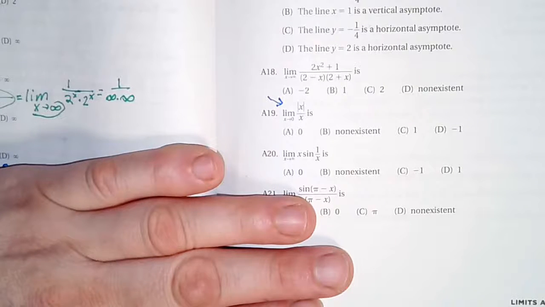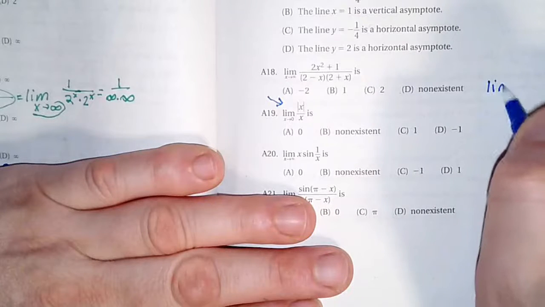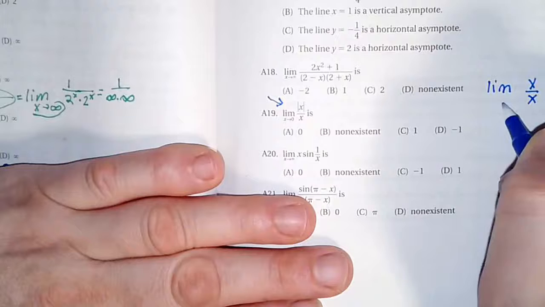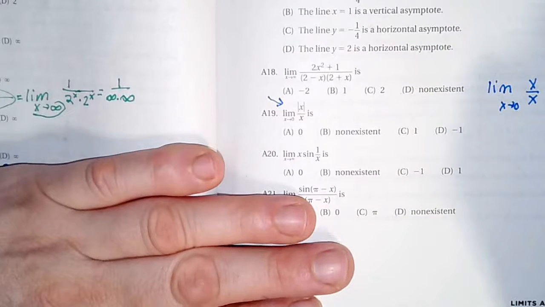You have to think of what happens if x is a positive number, and what happens if x is a negative number. If you work both problems and get the same answer, you have a limit.